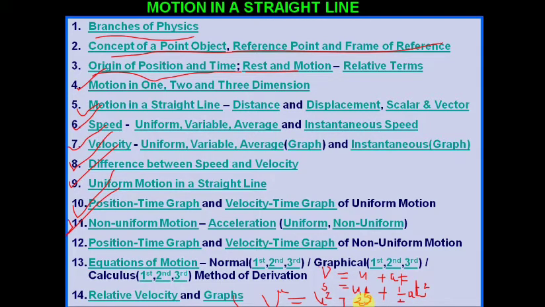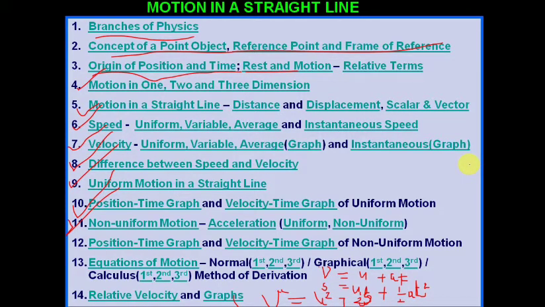We can find how they are derived with the help of graphs and with the calculus method. As well as the next and last topic, that is relative motion and its graph.